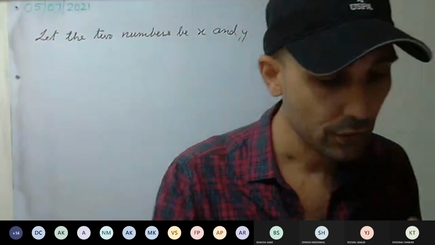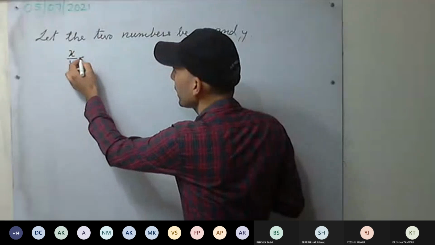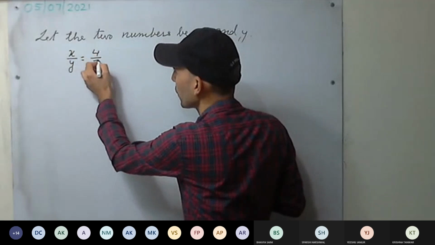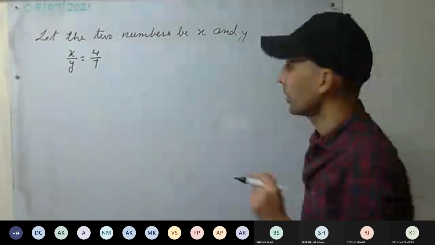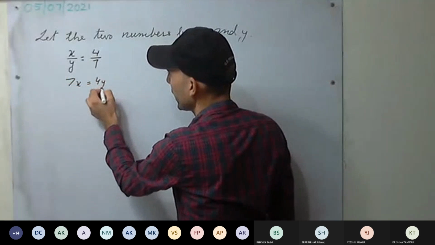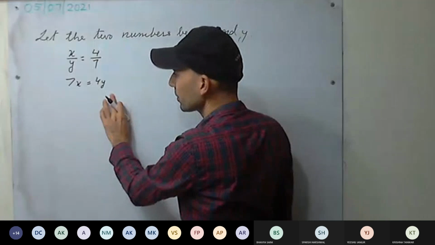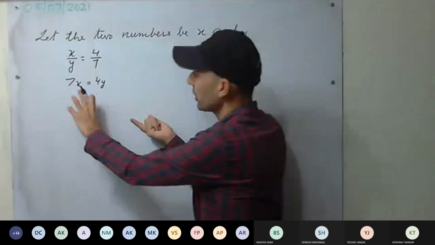It means x by y equal to 4/7. The very first statement gives this equation. Or we can say 7x equal to 4y. We can leave some space here. As per the requirement, we will convert this equation later. Okay. So I'm leaving some space.